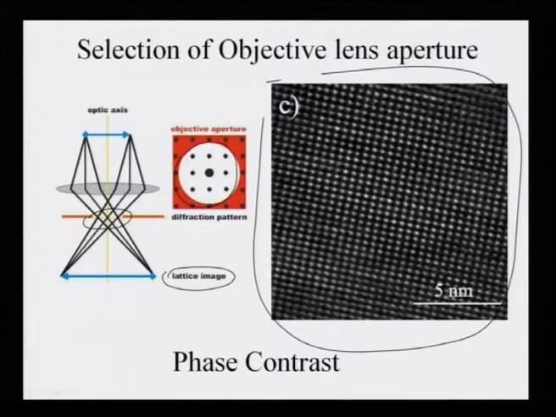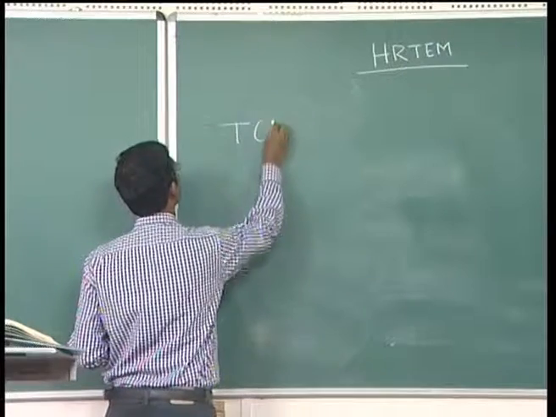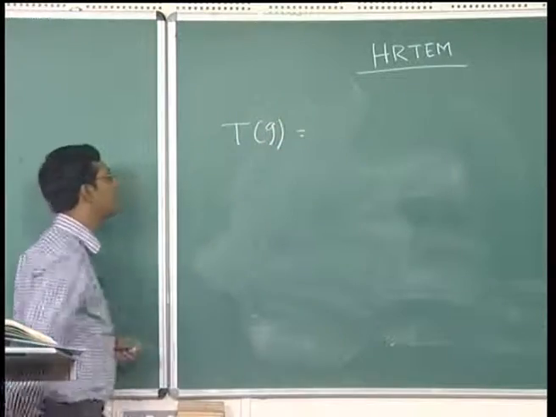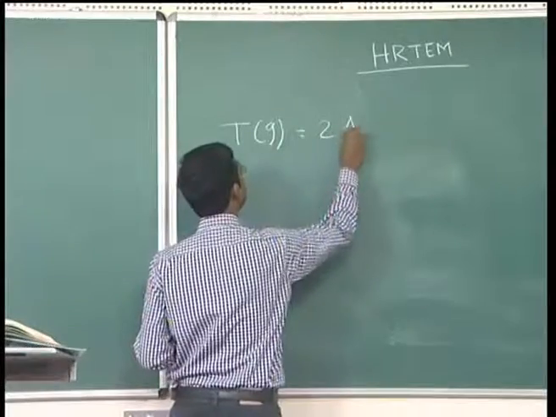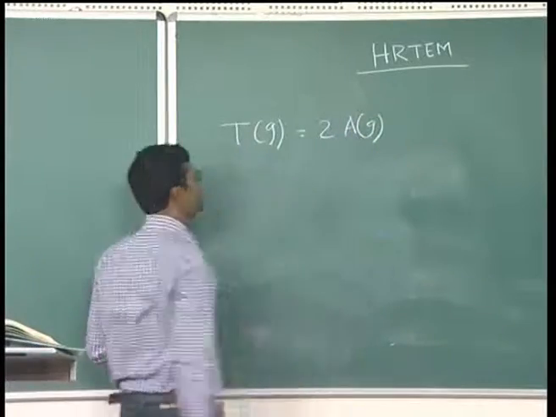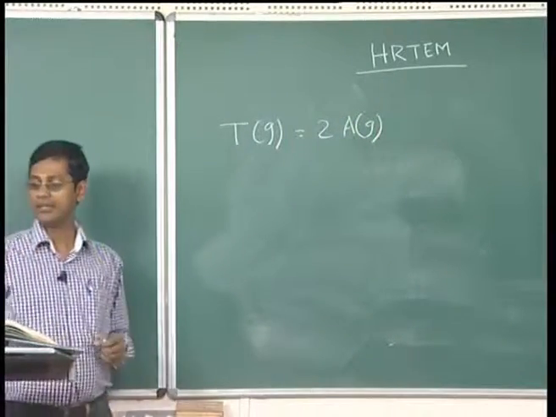A transfer function of the electron microscope objective lens can be given in a very simplified way. I will not discuss the detailed derivation, but the transfer function can be written very easily. T(g) is nothing but 2 A(g) sin ξ(g), where g is the spatial frequency.